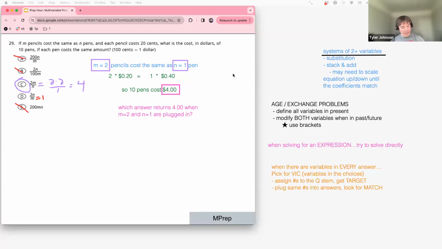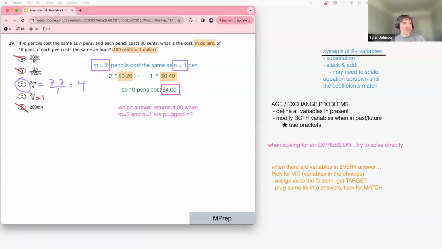I had a question in the chat about units here. So just make sure the ultimate question is we're trying to find dollars. So I kind of saved myself a headache of having to do any unit conversion by just writing 20 cents as 0.2 and 40 cents as 0.4.